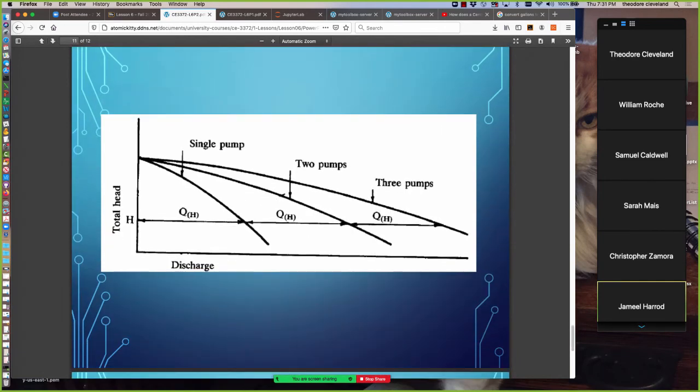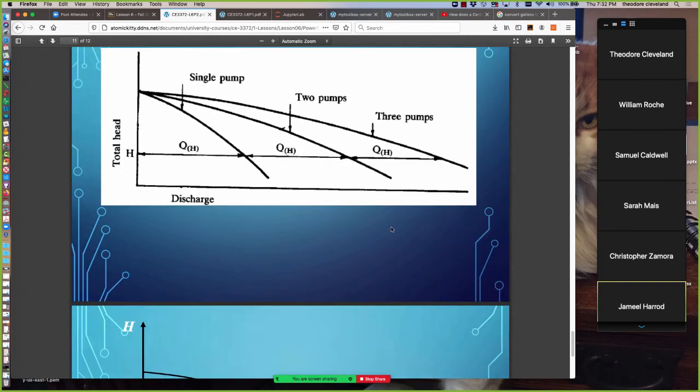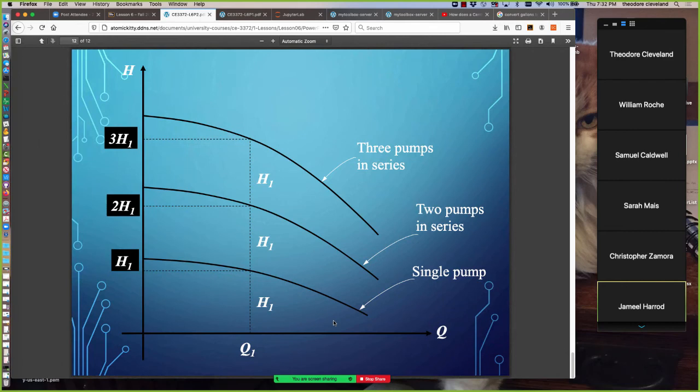So when we put pumps in parallel for a fixed value of head, the discharges add. So we have the discharge from the first pump, adds to the discharge from the second pump, adds to discharge from the third pump to produce this composite curve, or the outer envelope, which is labeled as the 3-pump curve. If we put the pumps in series, the curves stack. And so here's the single pump curve.